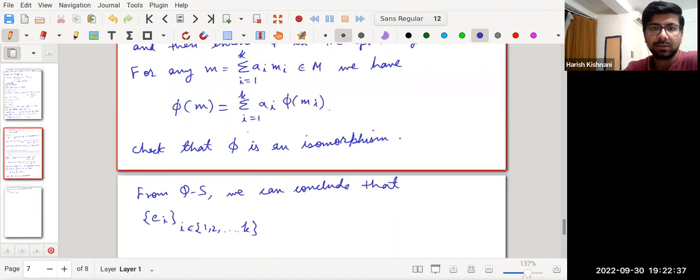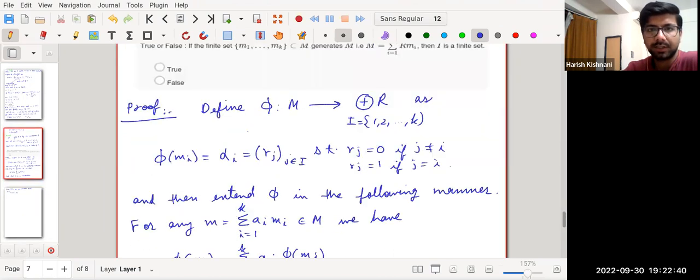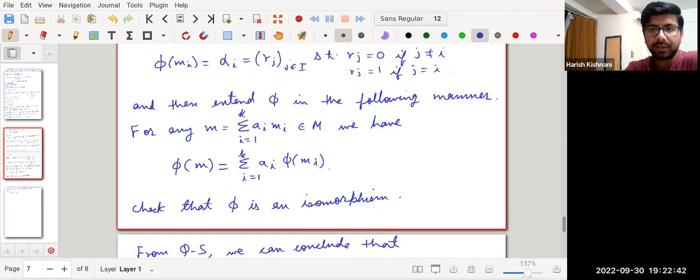So we are just given that the mi's are generating sets, right?